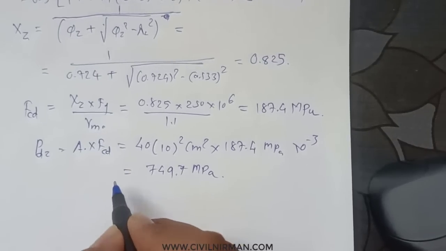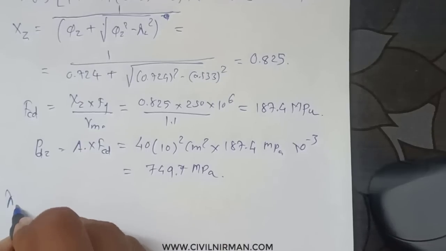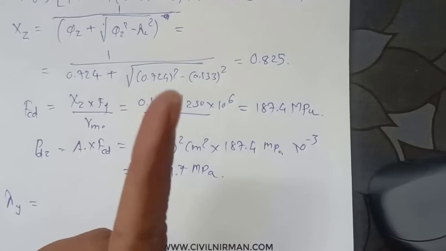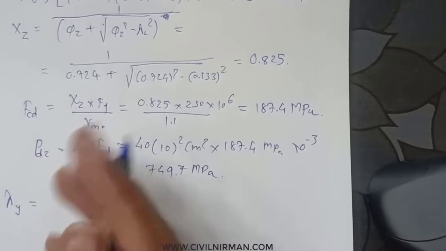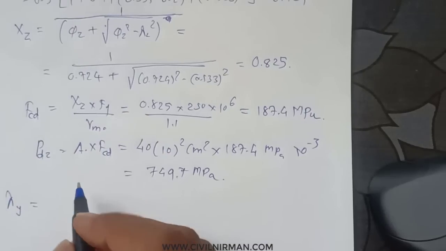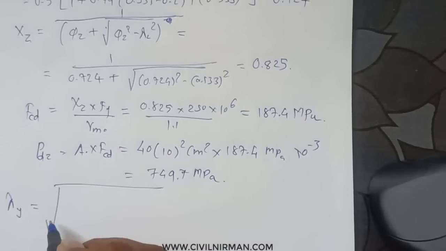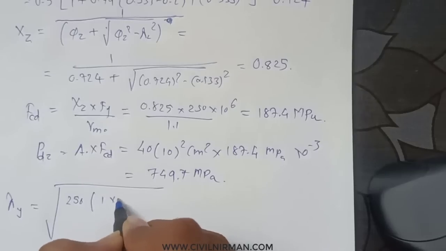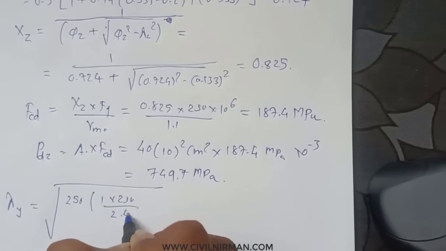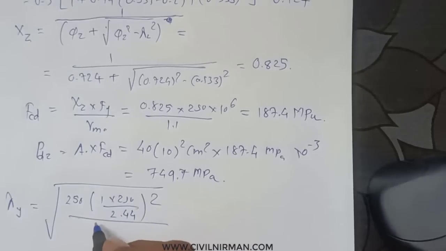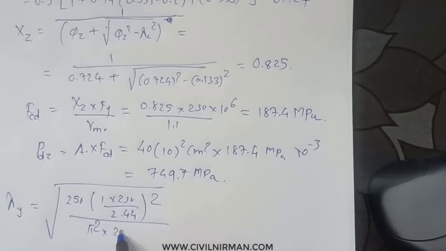Okay, so I'm not writing the equation again. Above we have calculated that for the major axis. Now we will work out the same for the minor axis in order to work out the compression capacity, right? So I'll directly put the value. 2.44 rz, where r is the radius of gyration, pi square into this.